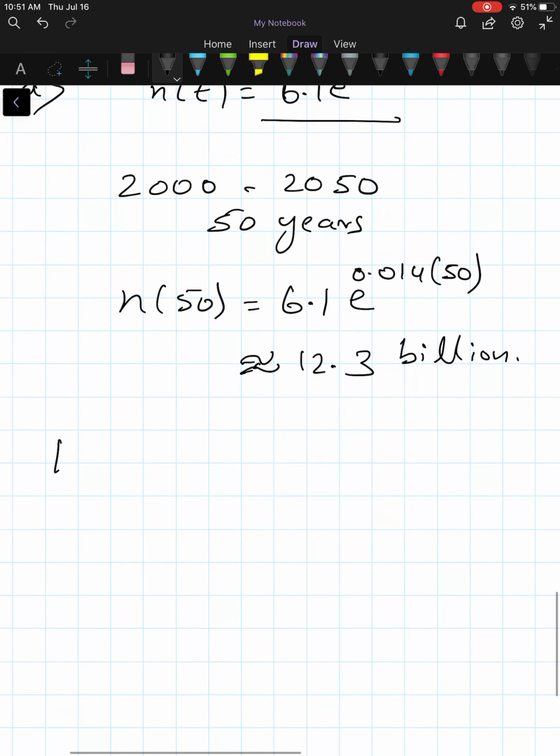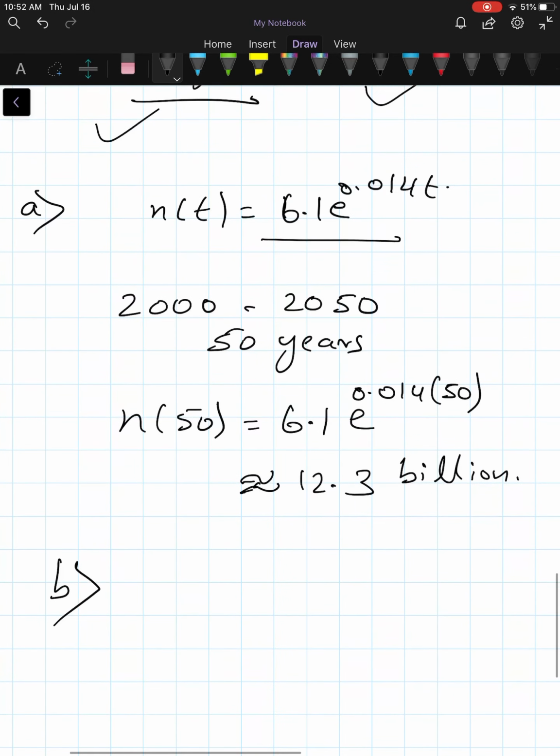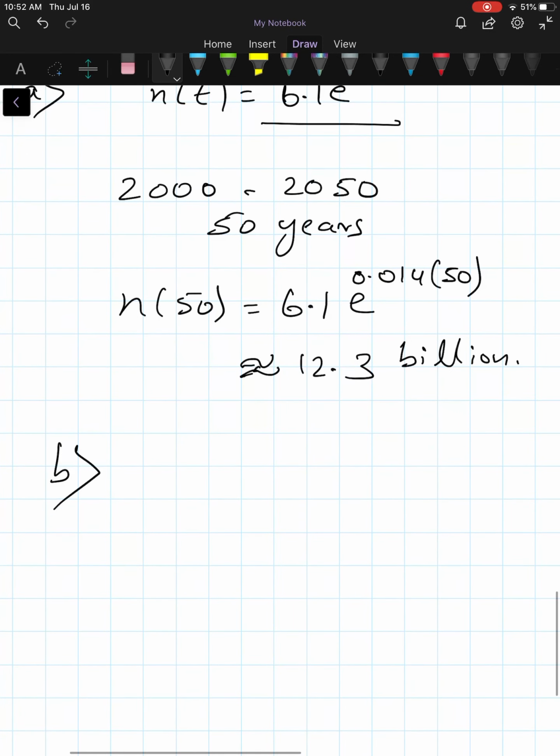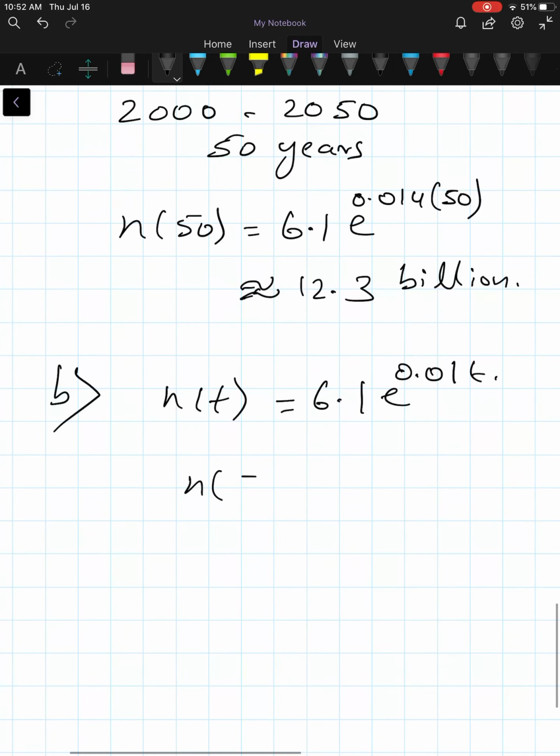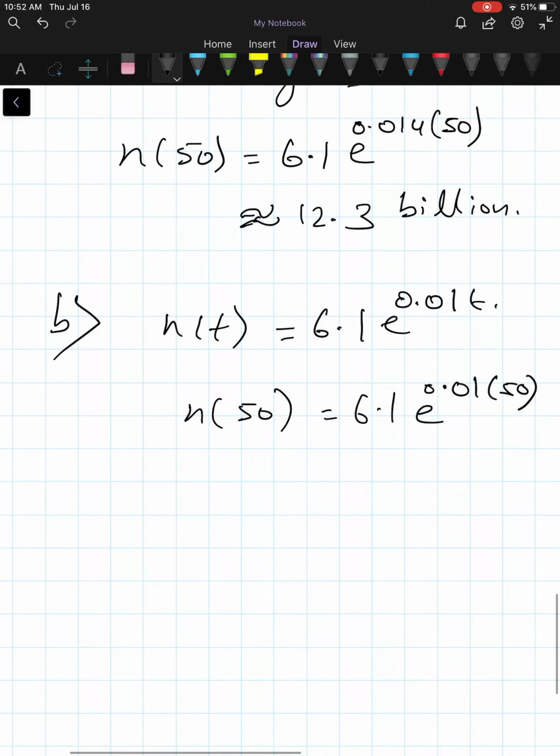Okay, so now we will do the other rate, that is 1%. So for 1%, n of t is 6.1 e to the power of 0.01 t, correct? So now n of 50 will be 6.1 e to the power of 0.01 times 50.